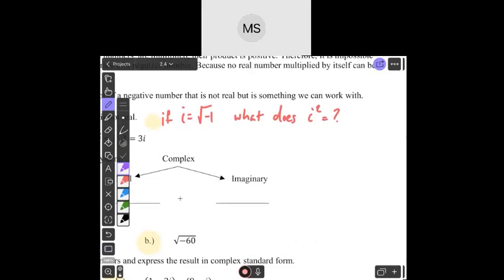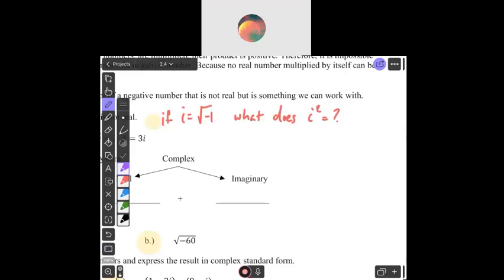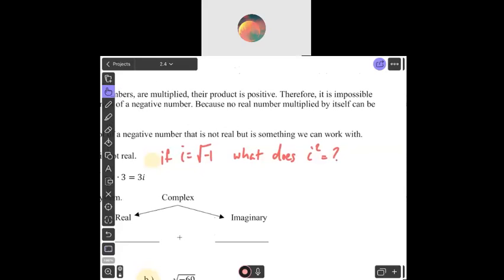To get -1? Oh, well, then I don't know. Why would it be 1, Riley? Because -1 times -1 would be a positive one. Why are you taking -1 times -1? Oh wait, no, I don't know.